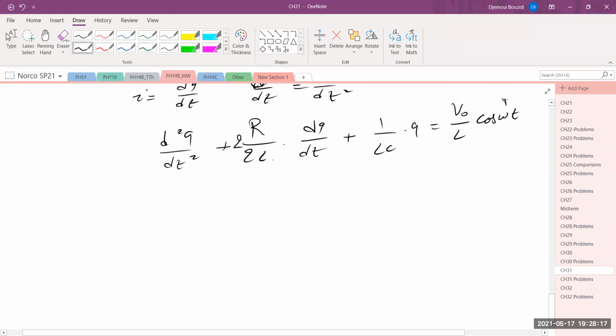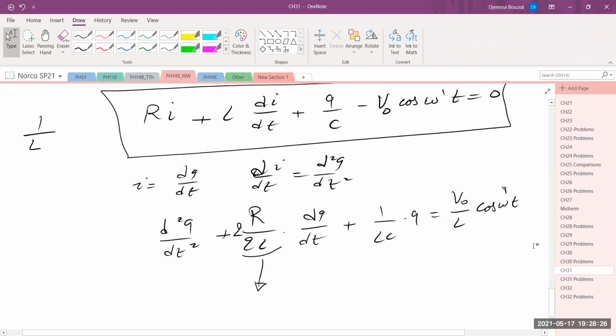Again, I'm going to call this guy lambda. Did we call it lambda? I forgot what we called it in this class.